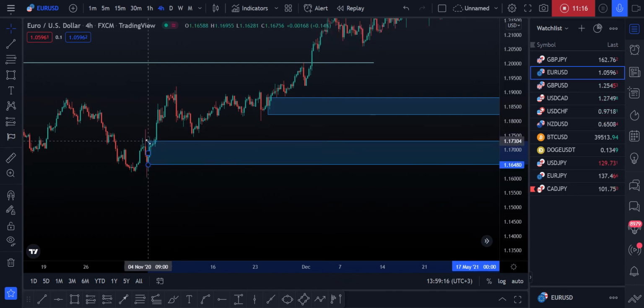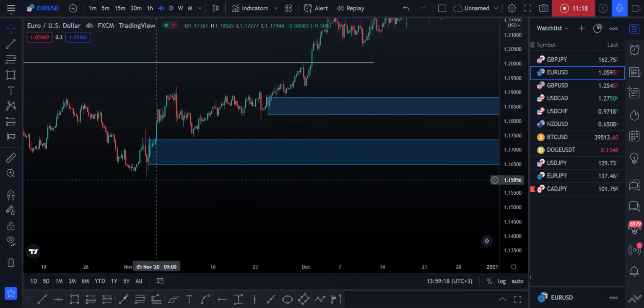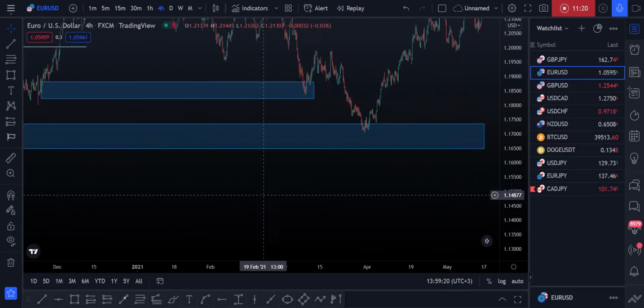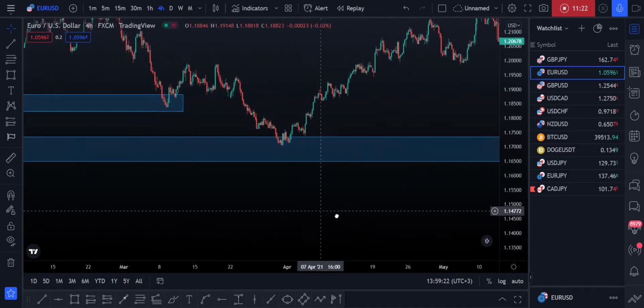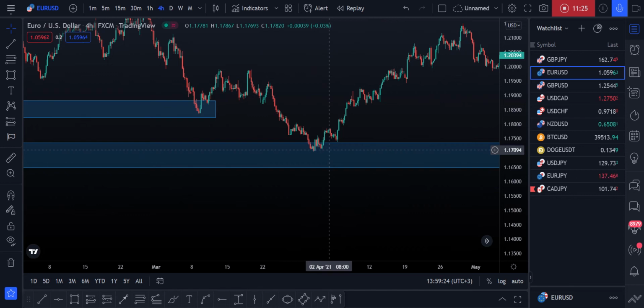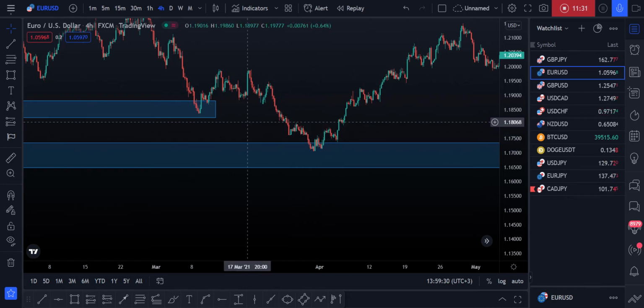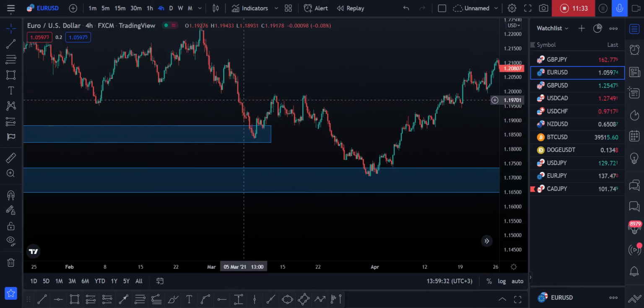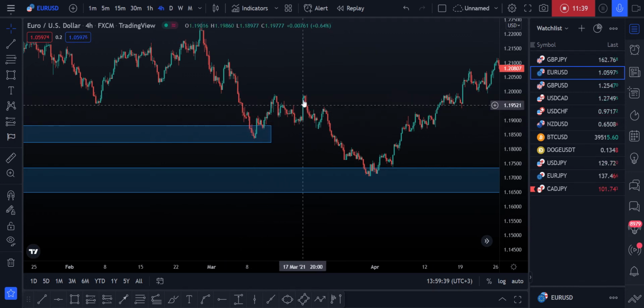This is our zone now. If the zone is still big, we can still monitor a change in structure on the lower time frame. So for instance, you want to take a trade only if there is a break of structure here, and you want to get a pullback and take a buy.